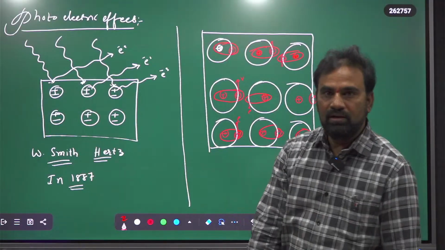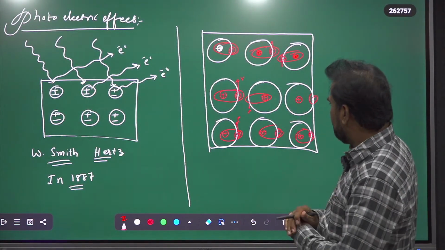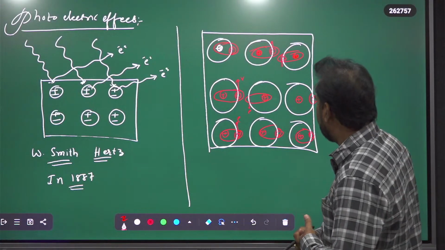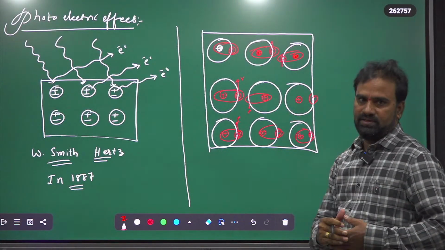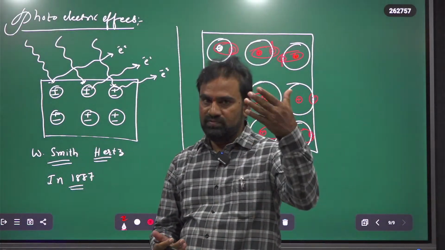Is it clear? When light radiation of suitable wavelength or frequency is incident on this metal surface, the incident energy can be utilized in two ways for an electron.